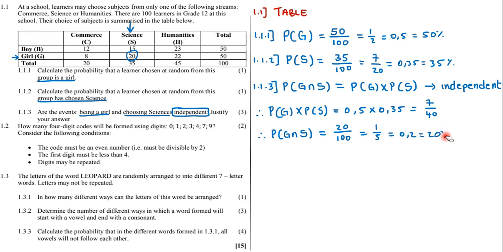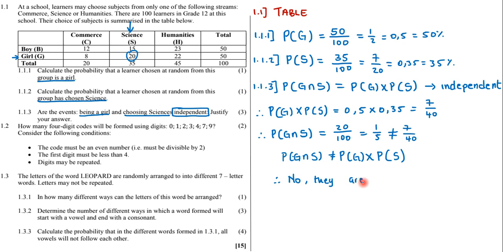But notice that 1/5 is not the same as 7/40, right? So this means the probability of G intersecting S is not equal to the probability of G multiplied by the probability of S, right? Therefore, the answer is no. They are not independent.